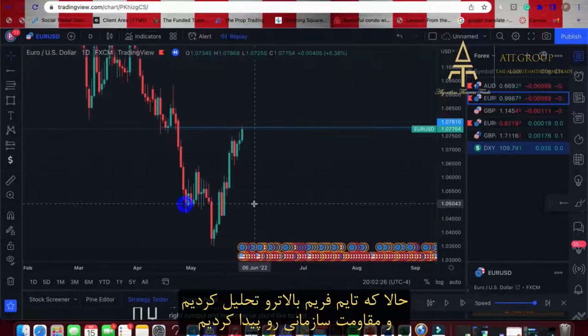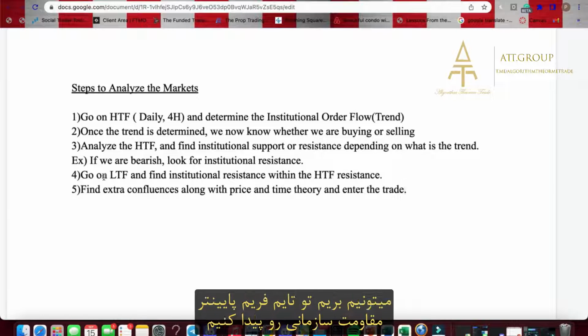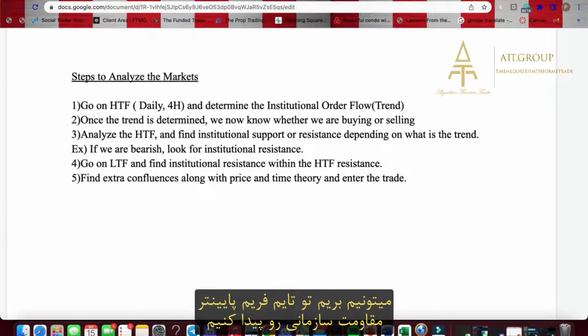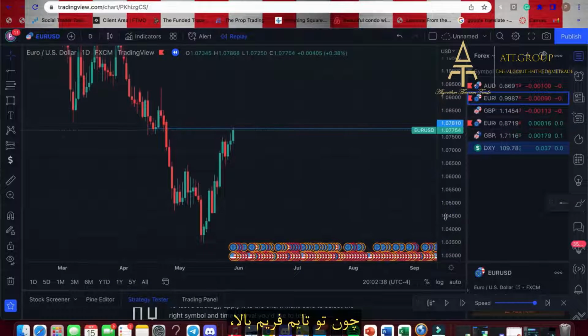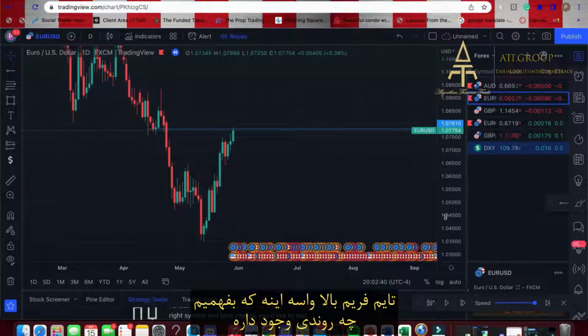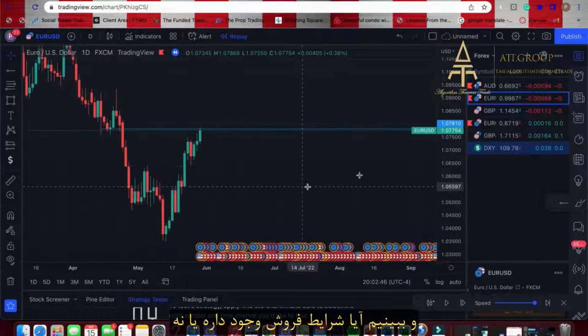So now that we analyzed the higher time frame and found institutional resistance, we go on the lower time frame, because the higher time frame is just to see what exactly is the trend and to see if we are in a place to be selling.